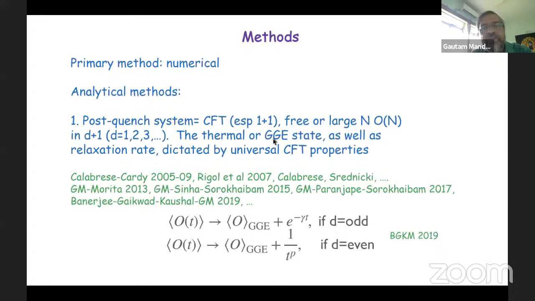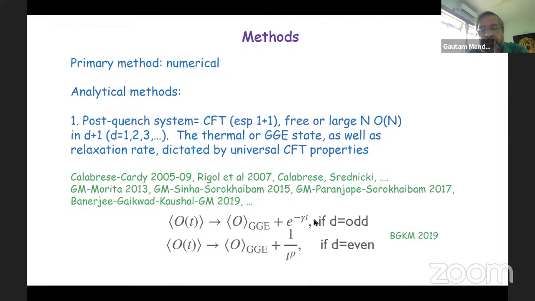That is to say, when the system is integrable, so there are an infinite number of conserved charges. So I'm just summarizing these results before going on to the main topic of the talk. Very recently we found this result that if the number of space dimensions is odd, then the approach to equilibrium is exponential.